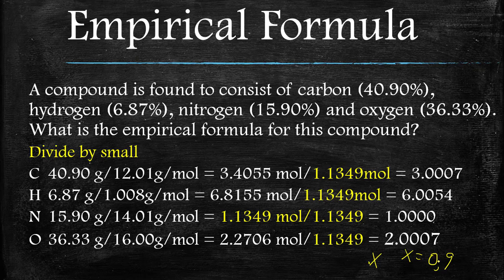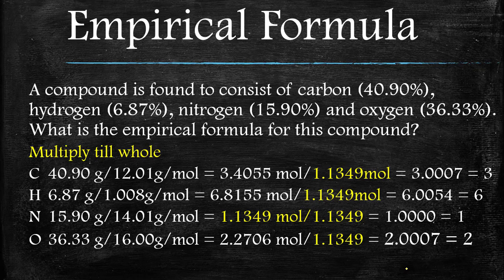If it's not 0 or 9, you cannot round to the nearest whole number. Here we have 0, 0, 0, and 0, so these can all be rounded to the nearest whole number, 3, 6, 1, and 2. Now we need to see if we need to multiply those numbers to make them whole, and in actuality we don't because they are all whole numbers.